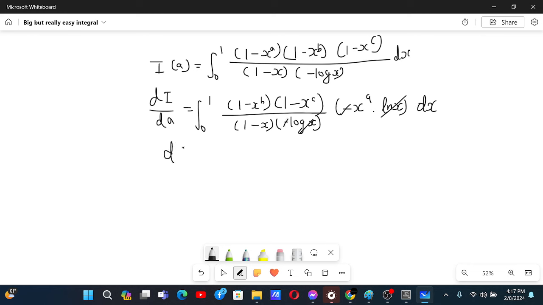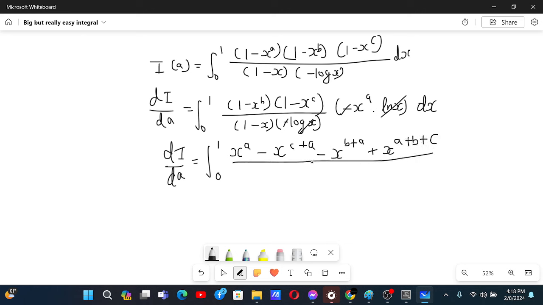So we have dI by da equal to the integral from 0 to 1 of x to the power a minus x to the power c plus a minus x to the power b plus a plus x to the power a plus b plus c, by 1 minus x, dx.